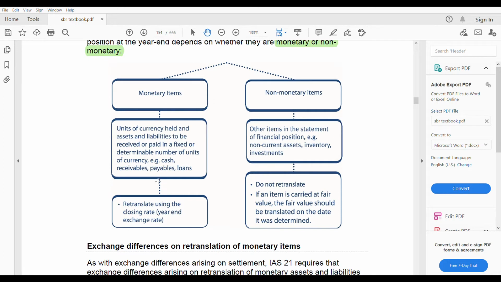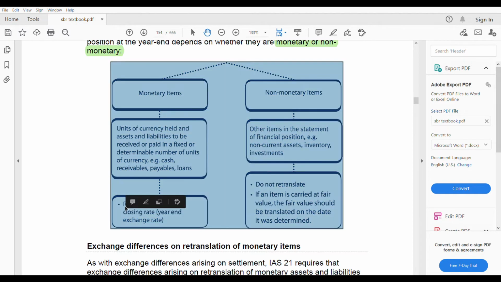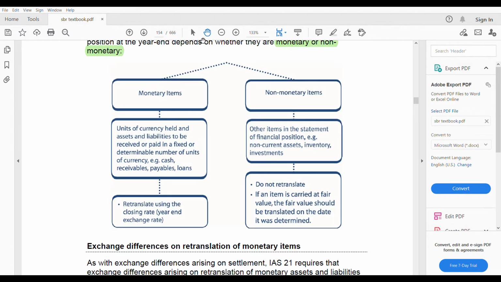Which exchange rate do you use? Retranslate using the closing year-end exchange rate. It's fixed. It's always the year-end exchange rate for monetary items, whether it's cash, receivable, payable or loan.